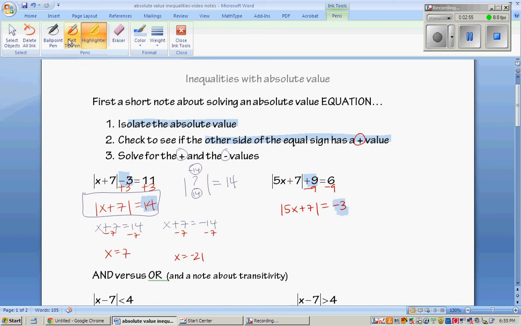And it doesn't. We are finished. Stop here, because there is no absolute value in the world that will come out negative. Absolute value always comes out positive. So, since it doesn't work, you're finished. This has no solution.